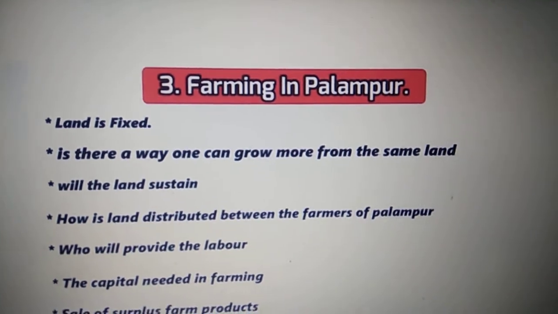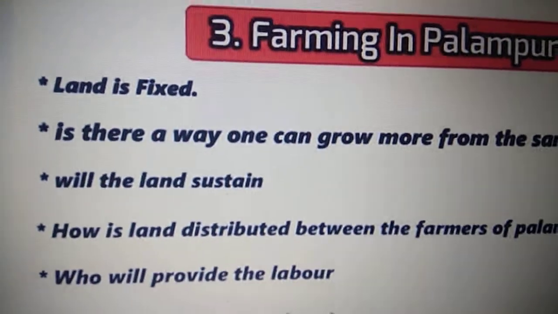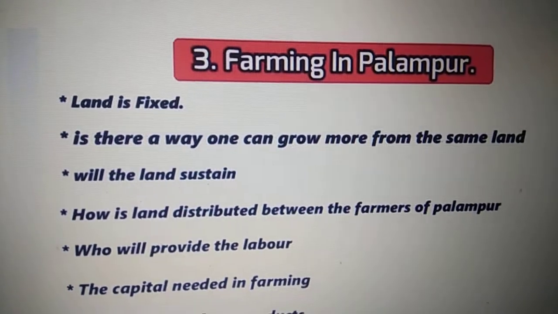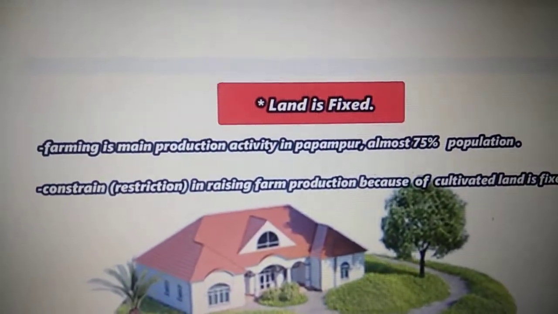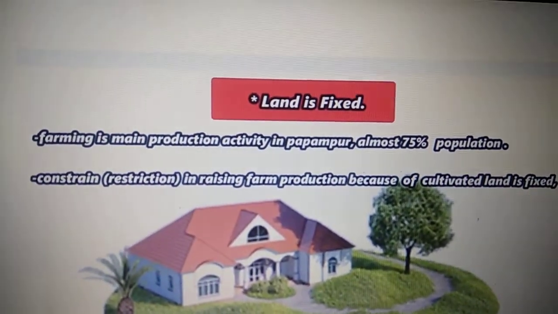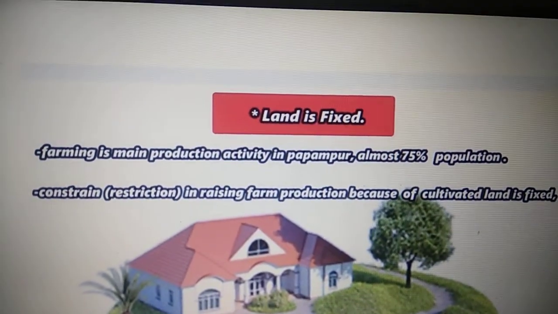Now children, moving ahead to the topic farming in Palampur, we look into the first point, land is fixed. Now what does it mean, land is fixed? Fixed means that the land area that is available for cultivation or for agriculture is fixed.